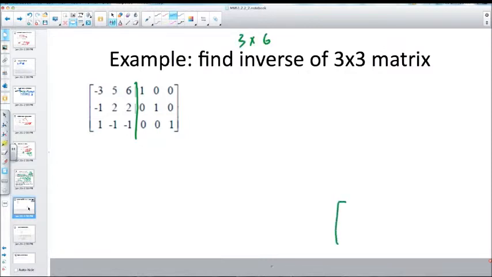Your goal is to apply the Gauss-Jordan algorithm to make it look like this. Identity now moved to the left side, and whatever you fill in this blank is your inverse.